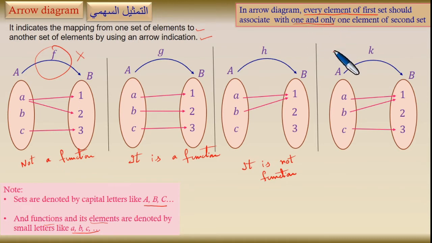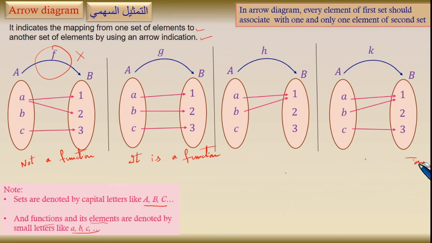Element A has only one relation, element B has only one relation, right? Similarly C also has only one relation. So all this statement is satisfied. Therefore it is a function. Is it clear for you? I hope you understood about the function and not a function.